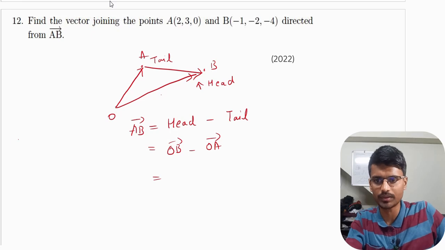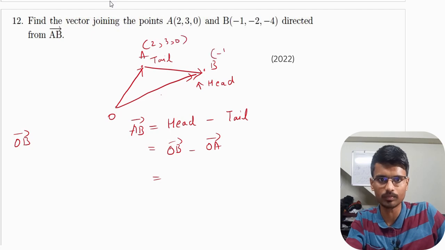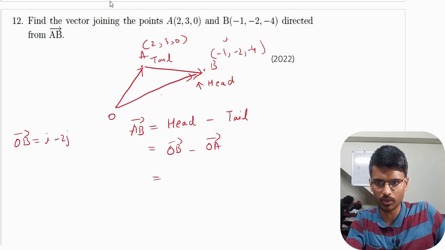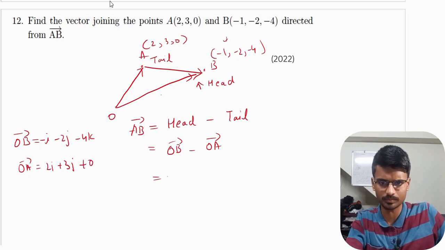So first, let me write the points: 2, 3, 0 and -1, -2, -4. So your OB vector is nothing but the same thing. Just put the components: minus i cap, minus 2j cap, minus 4k cap, and you have OA, which is 2i cap plus 3j cap and 0k cap, and I'll just substitute them.